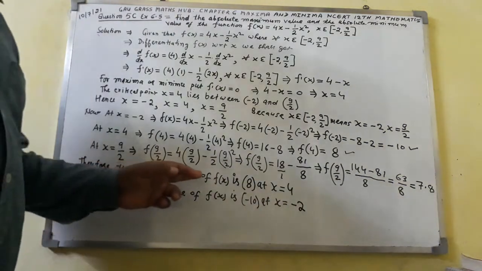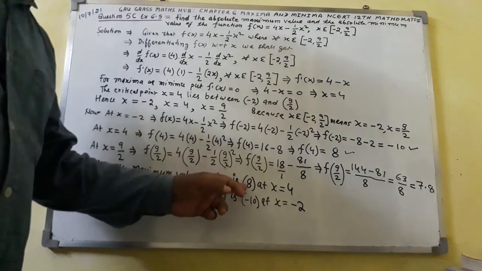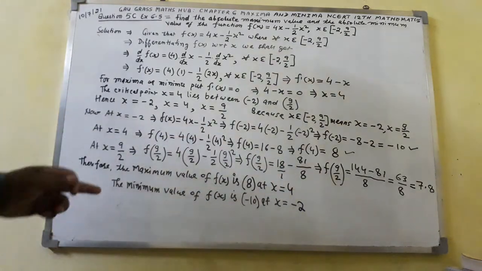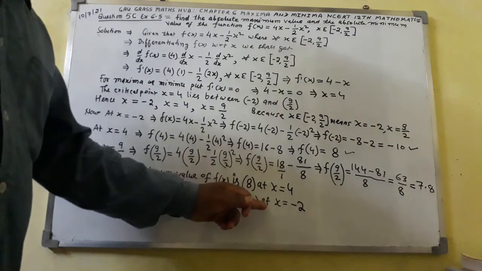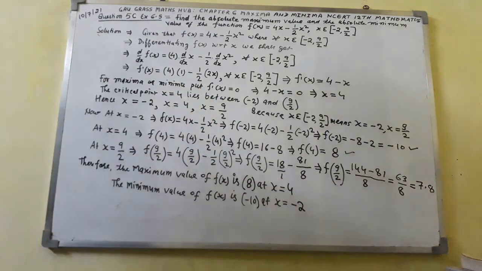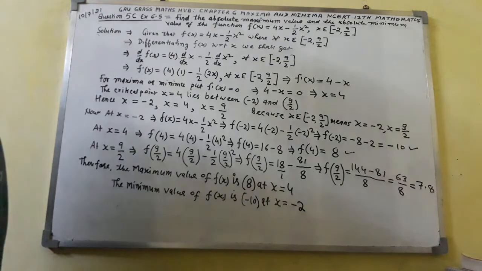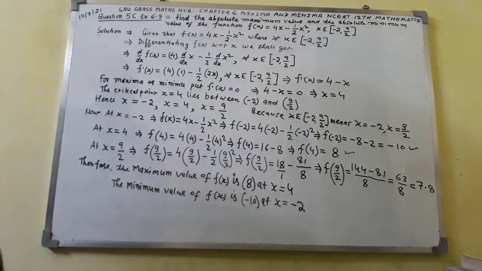Therefore, the maximum value of f of x is 8 at x equal to 4 and the minimum value of f of x is minus 10 at x equal to minus 2. This will be the correct answer we have got.